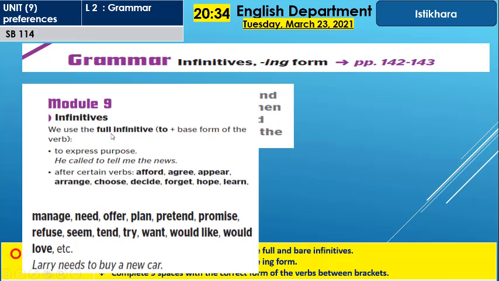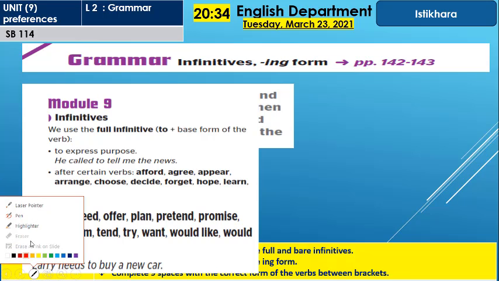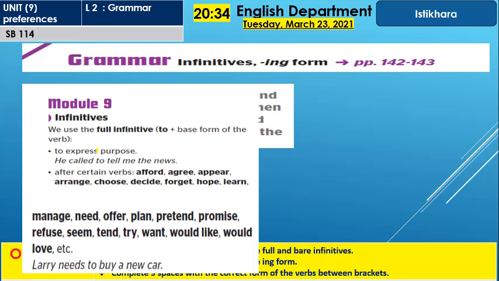We use the full infinitive, means to plus the base form of the verb, like to go, to do, to play, etc. We use it to express purpose, like he called to tell me the news.